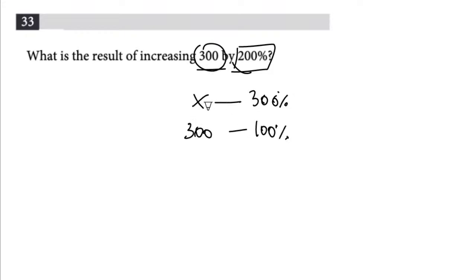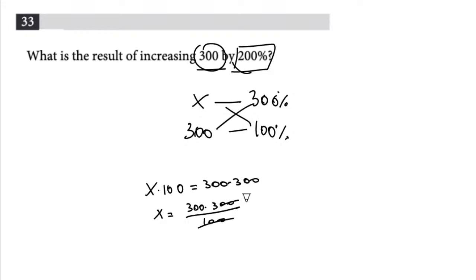Then we cross multiply. We find that x multiplied by 100 equals 300 multiplied by 300. So x equals 300 multiplied by 300 divided by 100. I factor out, I get 900. So this is my answer. Or the other way is this. I have 300, it's my 100%, and it's increased by 200%.